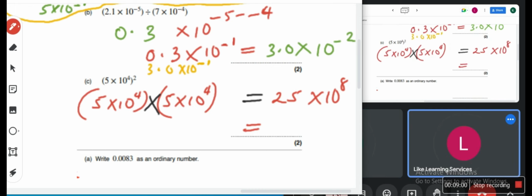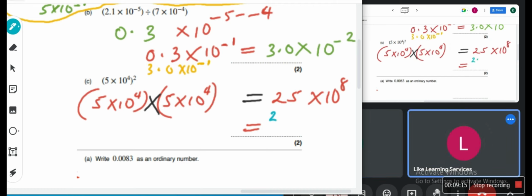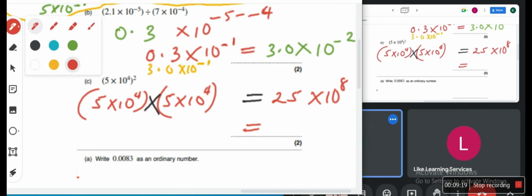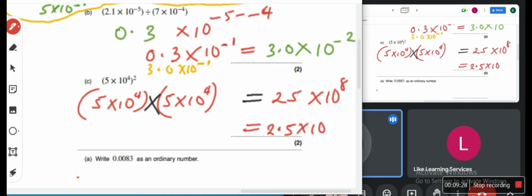Final answer. Let me have the final answer quickly. 2.5, okay, times... times what? 10 raised to power... I'm listening. 2.5 times 10 raised to power what? 9.